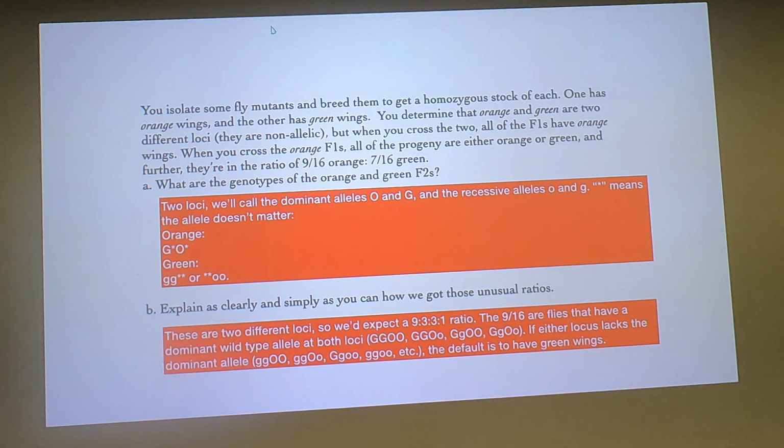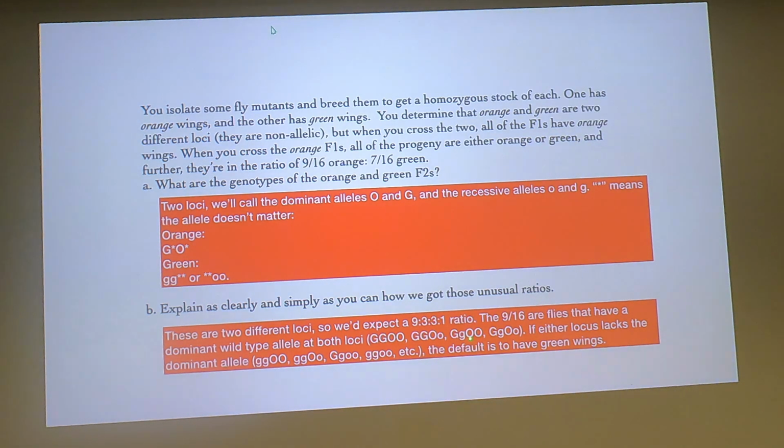Yeah, the logic got a little bit twisty here, didn't it? Okay, so down here, explain it to me in English. Just give me a simple English explanation of what you think might be going on here. So we started to get at it over there. We're saying that 9/16 are flies that have the dominant wild type allele at both loci.